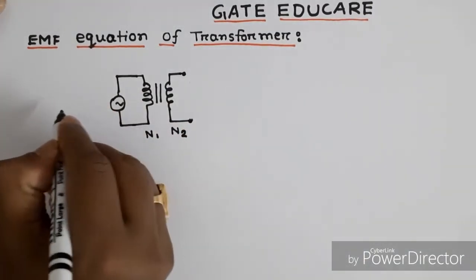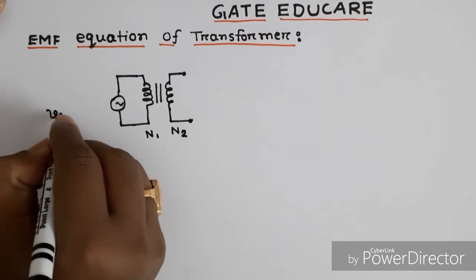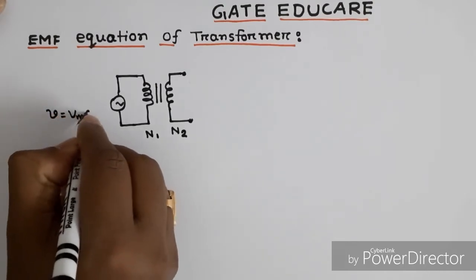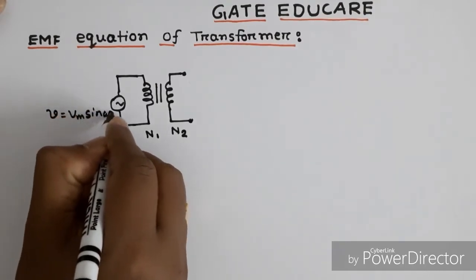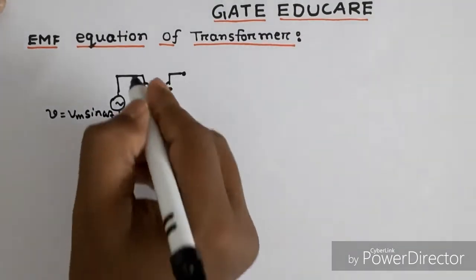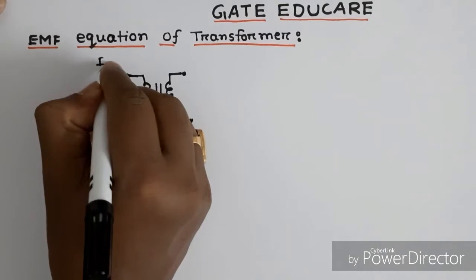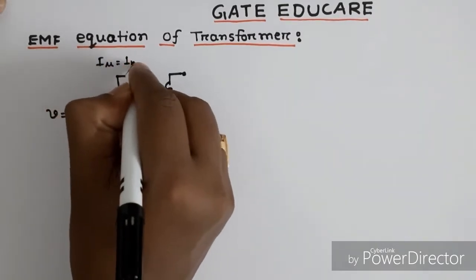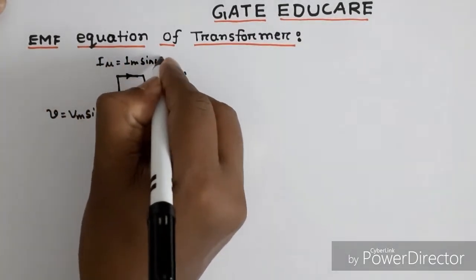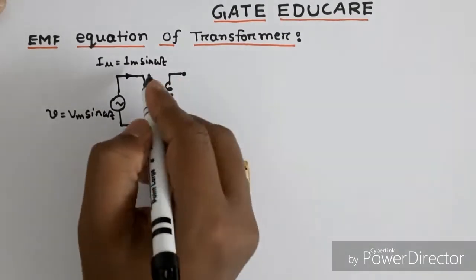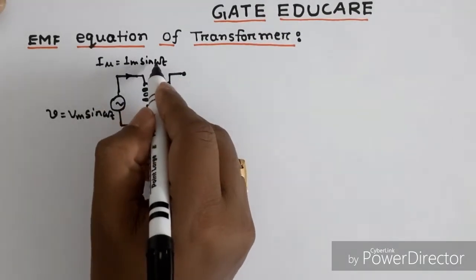Now if I apply AC voltage V equal to Vm sine of omega t, then a magnetizing current I mu equal to Im sine of omega t will be drawn from the supply, which is alternating in nature.